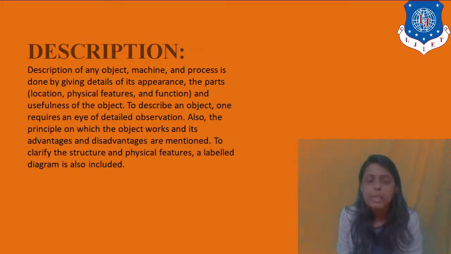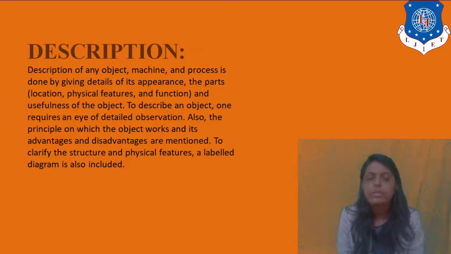So you can describe each and every detailed part of the machine, whatever parts are included in that machine. You can describe that physical features and functions. So if you do the detailed description of the machine, then it is known as descriptive style of writing, also known as description, right?